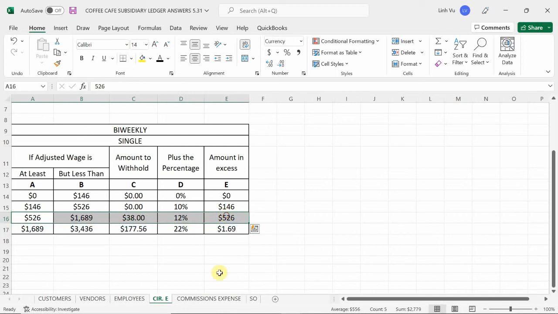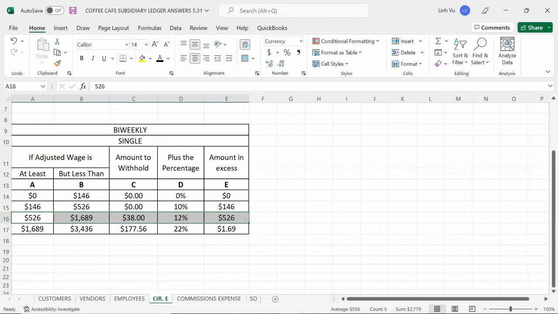This is the row she'll be subject to for federal income tax withholdings. Here, the government lets Irene keep $526. However, any dollar over that is subject to 12%, and then $38 is automatically taken away no matter how much money Irene earns.